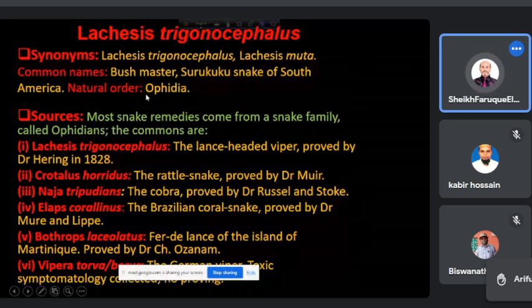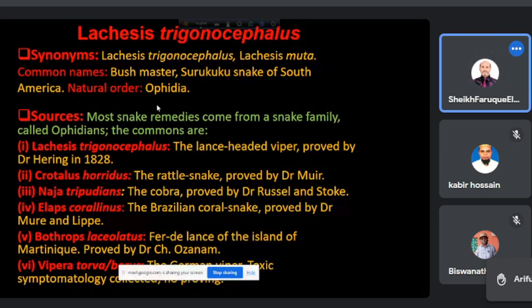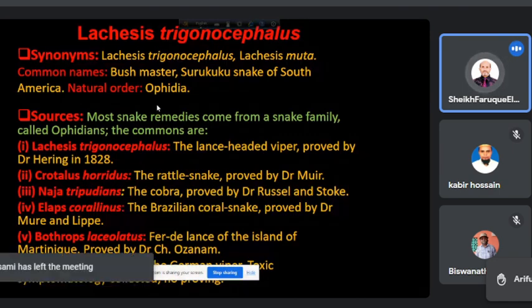Now, we have many snake remedies, but the most important are these 6 here. And I hope to study all these 6 in this class, one by one. And I hope if everybody in this class follows our class and attends, you will never repent that you have lost the time in futile works.